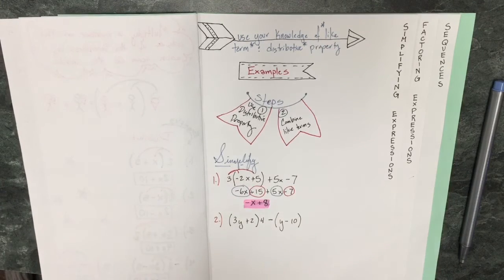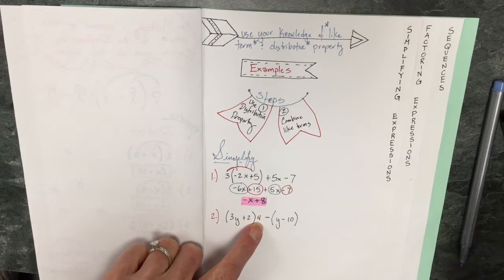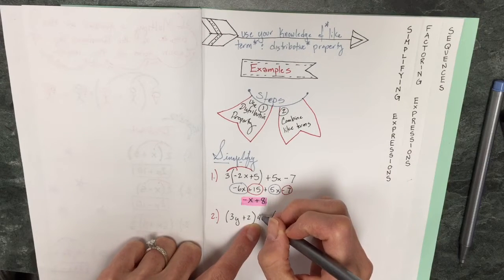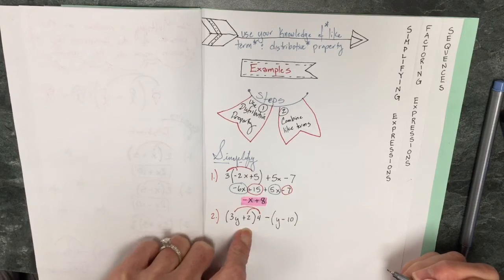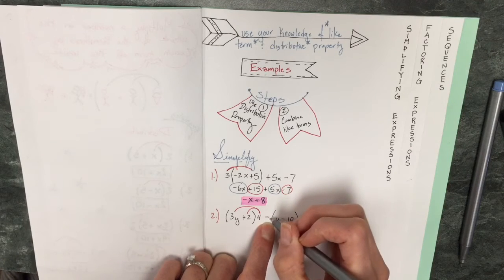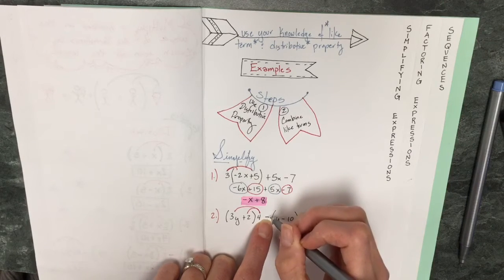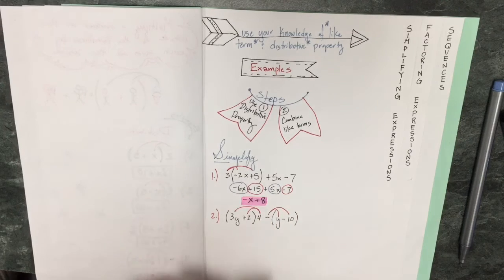Let's start with the parentheses. Okay, so there's a lot of parentheses. We're going to have to distribute this 4 to the 2 and the 3y. And we're also going to have to distribute, even though there's just a negative sign here, that's like a -1 multiplying. So we're going to have to distribute this negative to the y and to the -10.